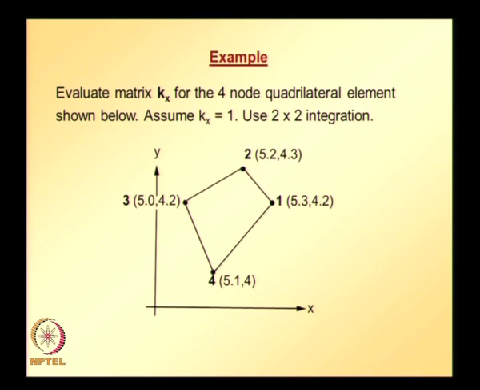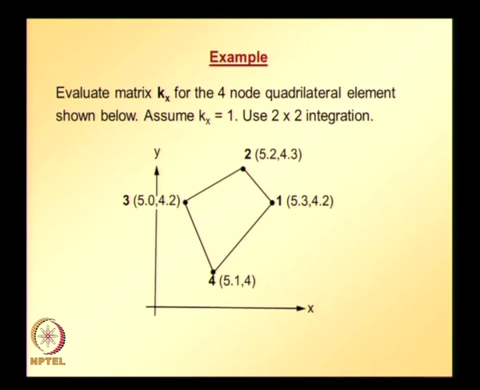Assume coefficient kx is equal to 1, use 2 by 2 integration. Here coefficient kx is taken as a constant, which is equal to 1, and the 4 node quadrilateral element is shown in the figure.